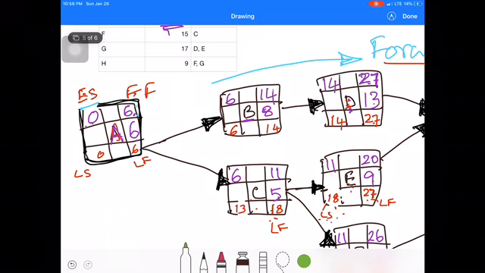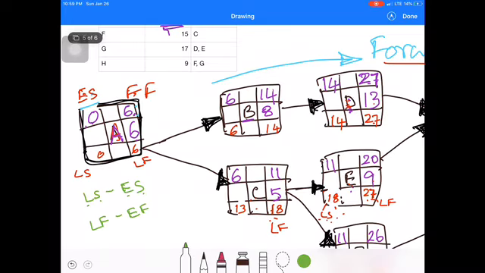Next, I'm going to calculate the float for each activity. Float means the available flexibility for the activity. So when we consider activity A, we can calculate the available flexibility either as LS minus ES, late start date minus early start date, or late finish date minus early finish date.